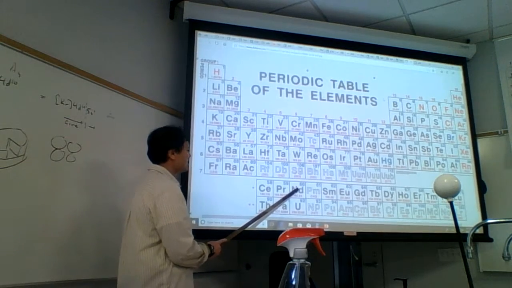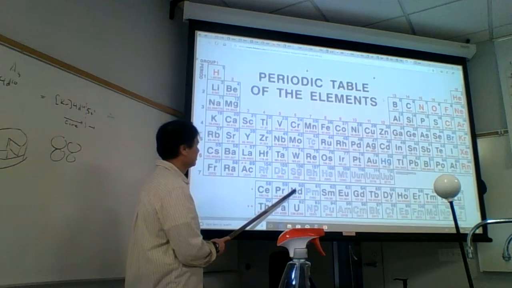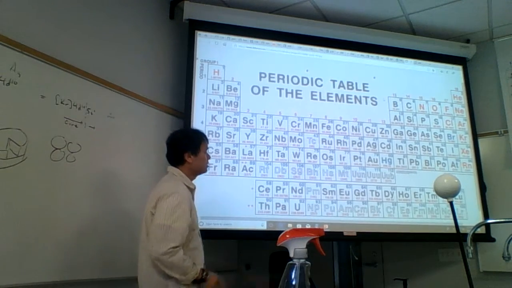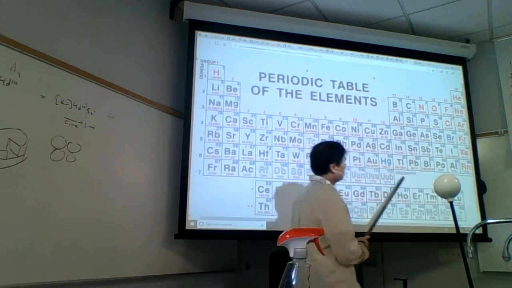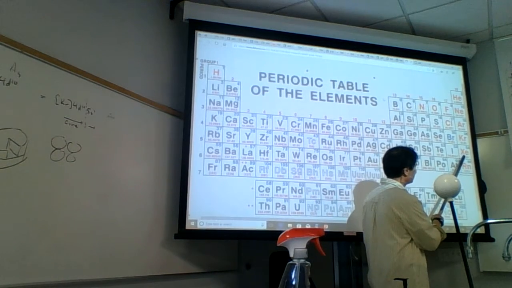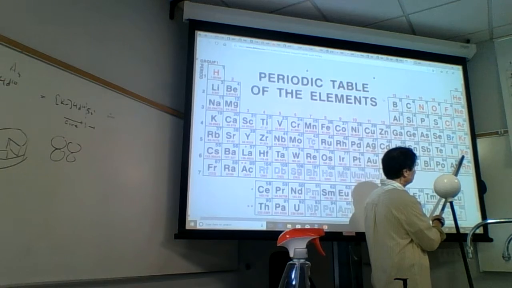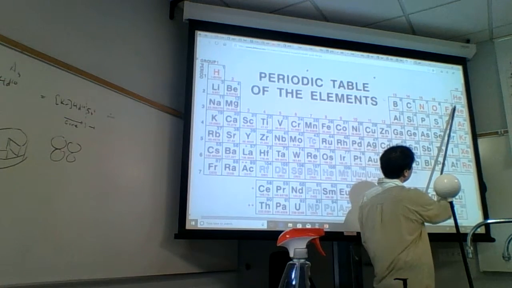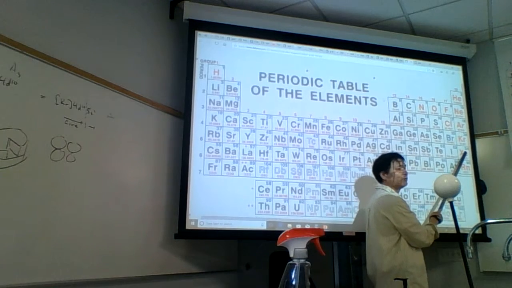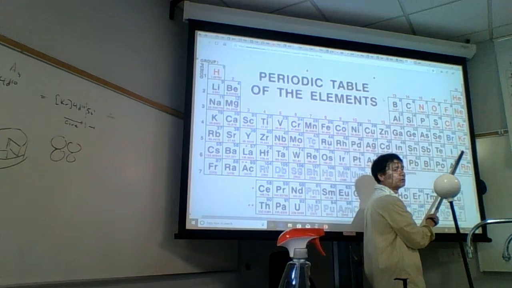Element number 60 means how many electrons does it have? 60 electrons. So what we can do is work backwards to the nearest noble gas electron configuration, which would be xenon. If we fill the first shell, second shell, third shell, fourth shell, fifth shell, we're at 54 electrons.